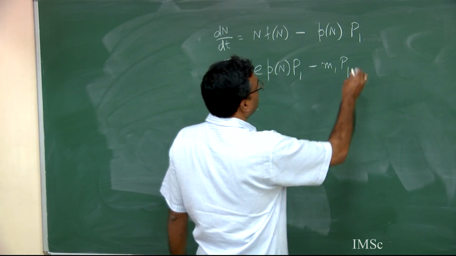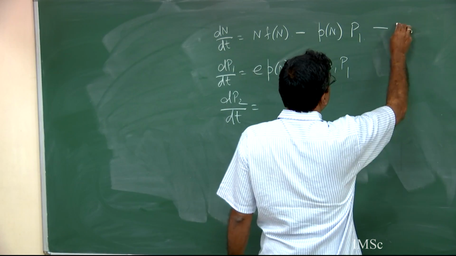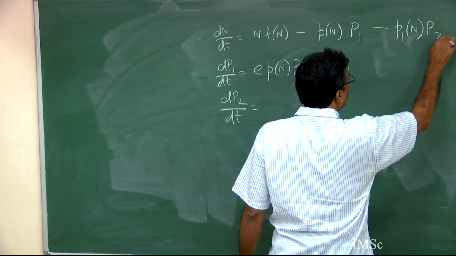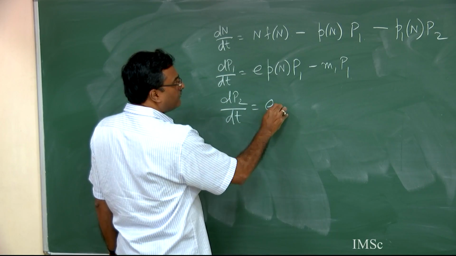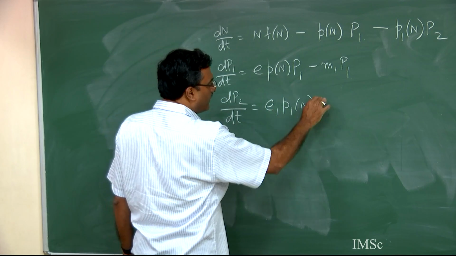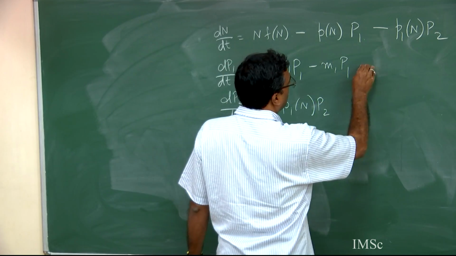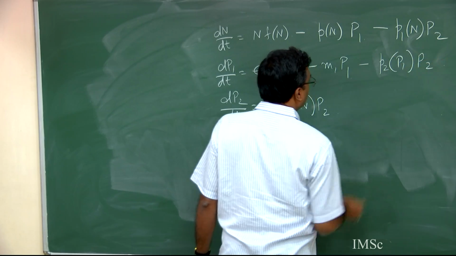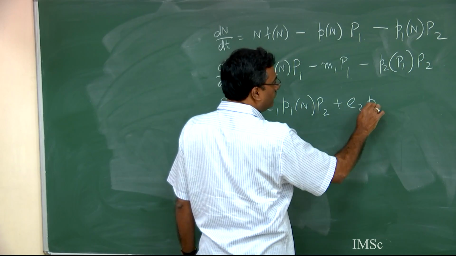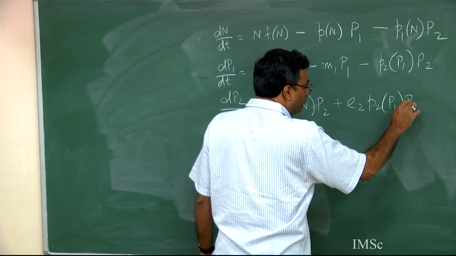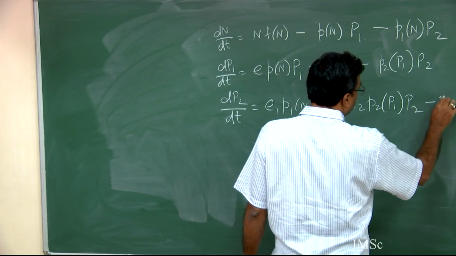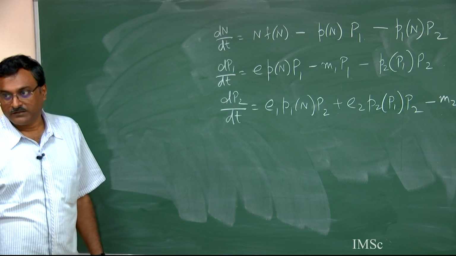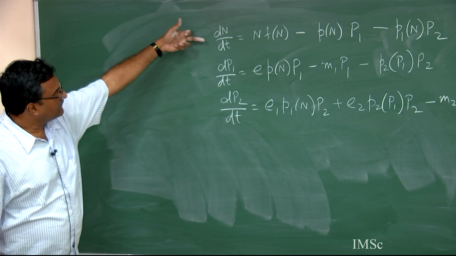Hence there will be one term here, P1 N P2, with contribution e1 P1 N P2 minus P2 P1 P2, so plus e2 P2 P1 P2 minus m2 P2, right.